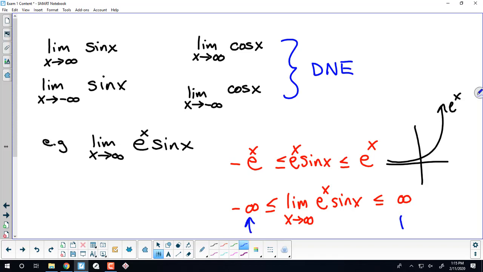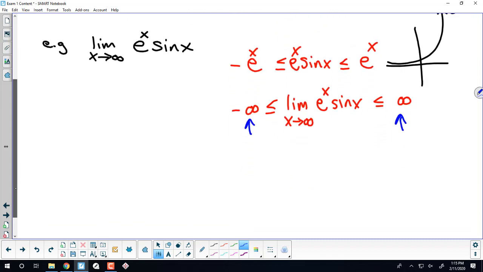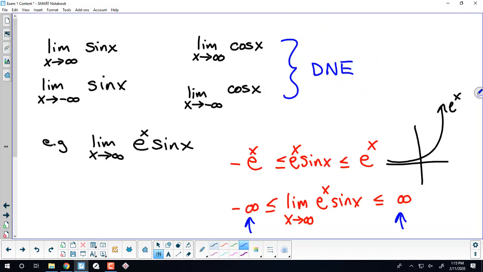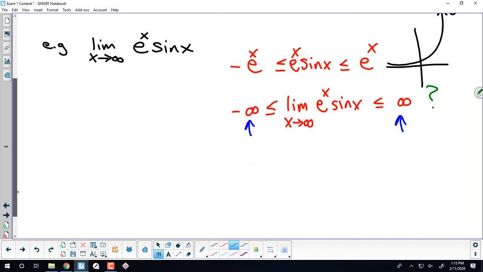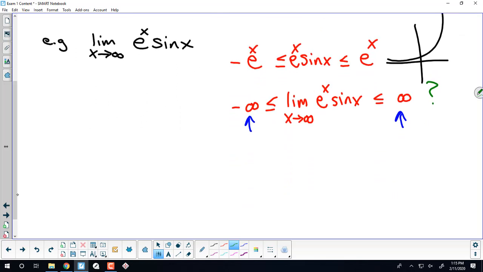If this number and this number are the same, then we can say something about that limit in the middle. Maybe we'll talk about stuff later on in chapter 4 that will help, but we'll just leave this one. We can't answer this question right now.